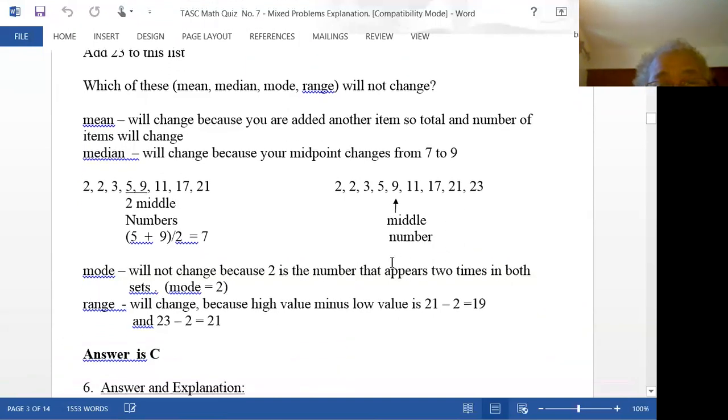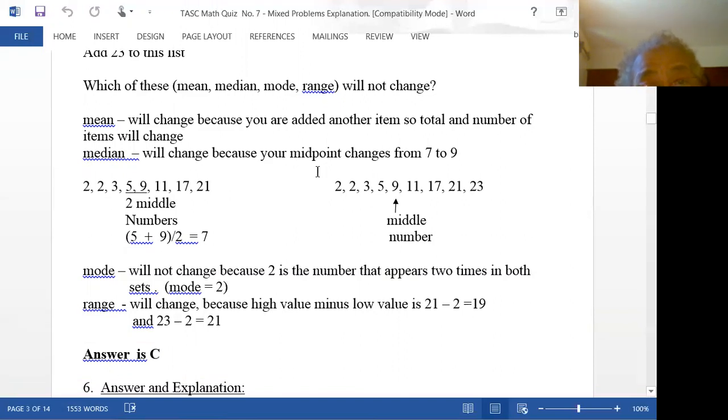Now, the mode. The mode in the list is the number that appears the most. Now, if you look at this list, that number is 2. Look at this list, the number is still 2. So the mode will not change, all right? So the answer you would pick would be C. Now, the range is high minus low.